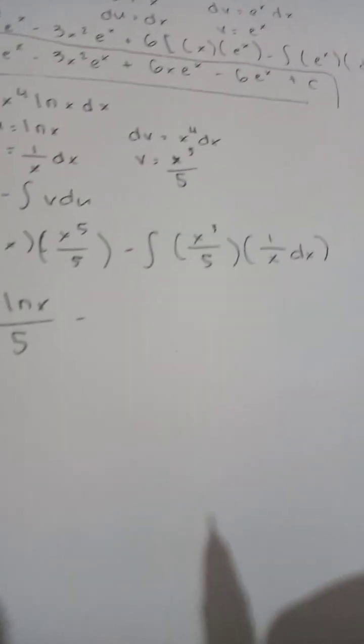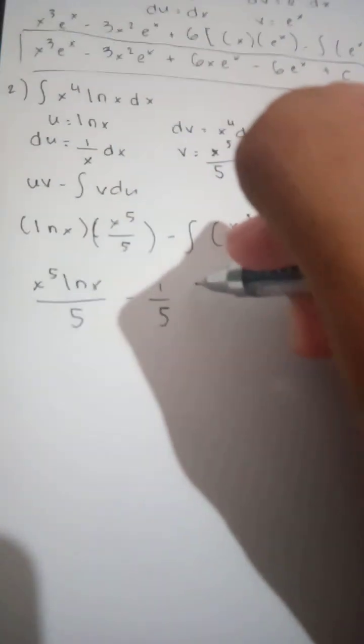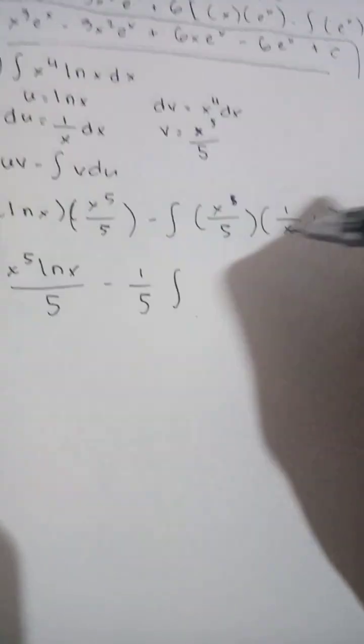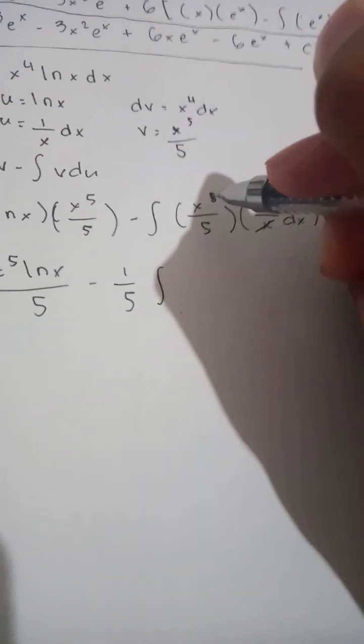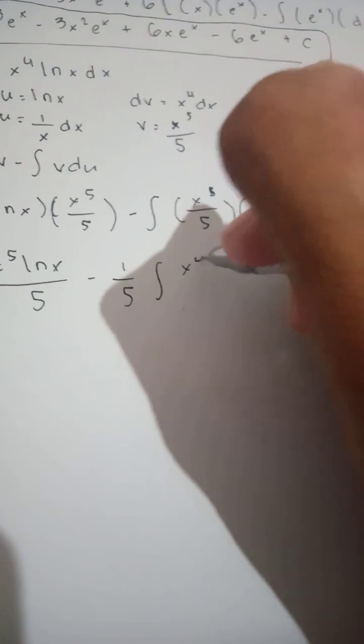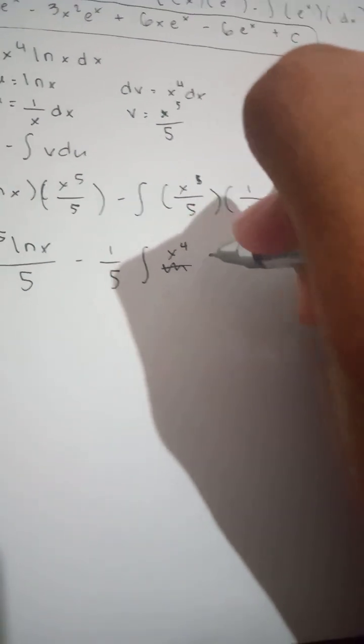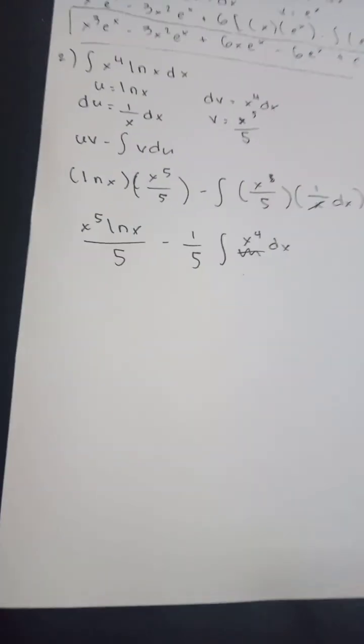Since 1 and 5 are constants, we're going to put them out here. 1 over 5. And then the integral of, since this is x to the 5th over x, we cross out, which leaves us with x to the 4th dx.